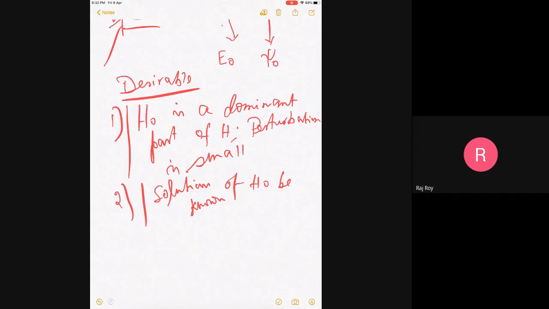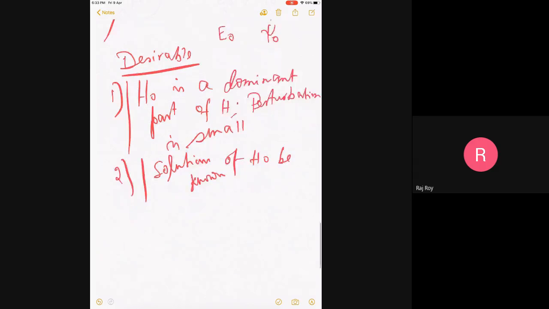For the zeroth order, you need everything. So we will come back to that later. At this point, I am writing these as two desirable conditions to have an appropriate perturbation theory: the perturbation should be small, and the solutions of H naught should be known.